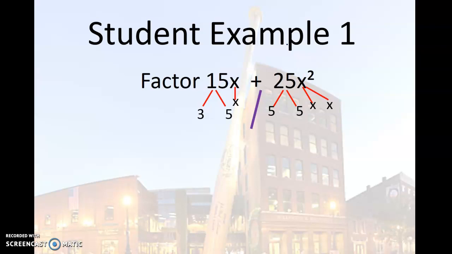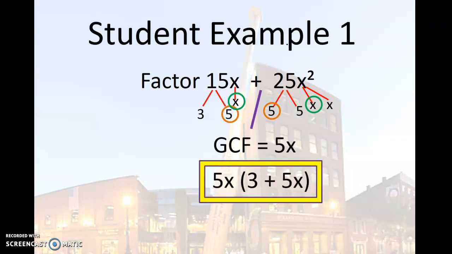Now we're looking at what's in common to find the greatest common. So they both have a 5, and they both have an x. Therefore, the GCF is 5x.